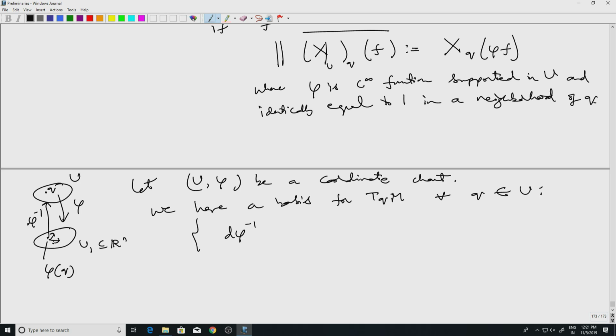So d phi inverse at the point phi of Q of the basis in Euclidean space, which is del by del xi evaluated at phi of Q, for i equals 1 to n. So this derivation I just push back to this.